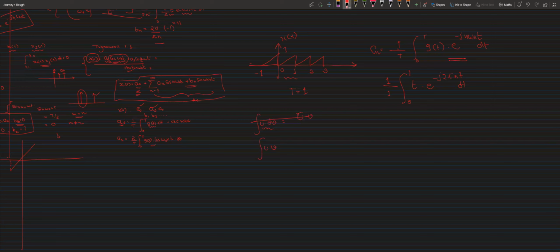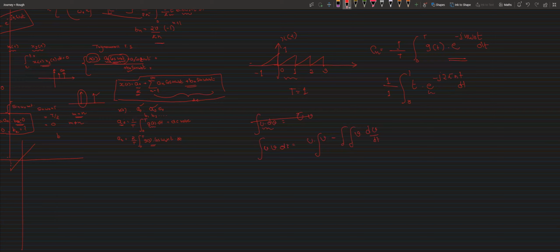U into v, if you have u and v and dt, then u into integration of the second term, v, minus integration of v into differentiation of the first term, du by dt. Now the first term is t, correct?